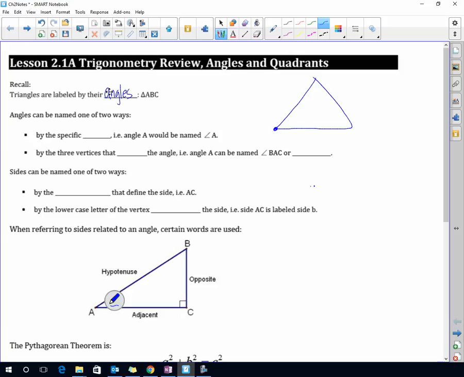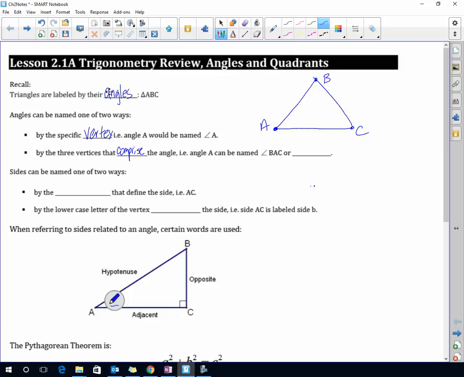By the specific vertex, i.e. the angle A would be named angle A. Or you can name it by the three vertices that make up the angle. So for instance, angle A can be named angle BAC, or you have to have an A in the middle, so it would also be called CAB.